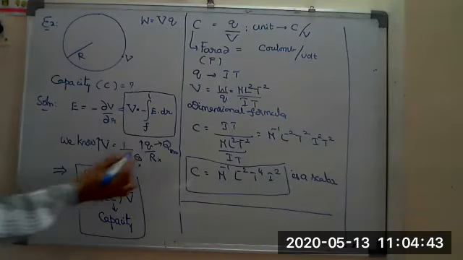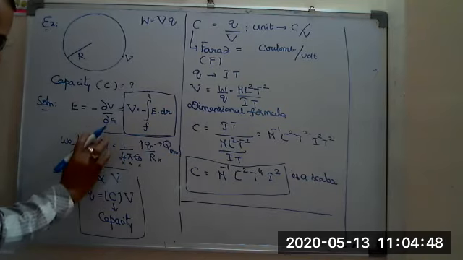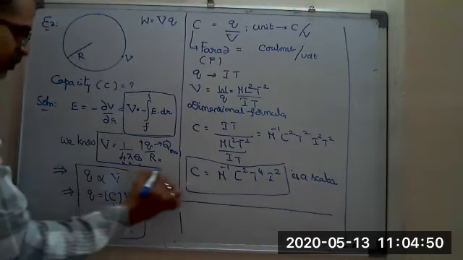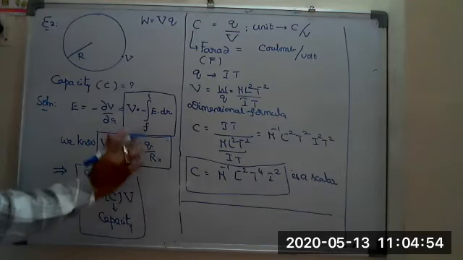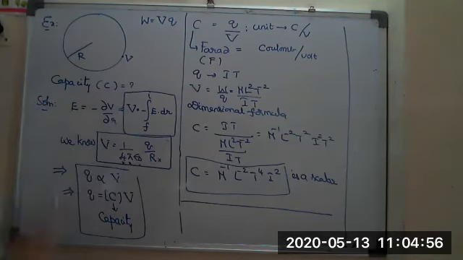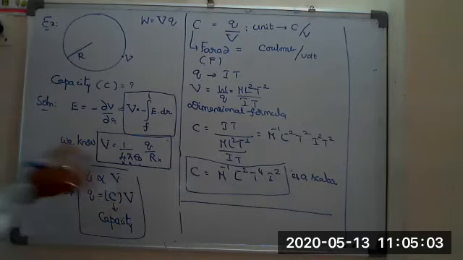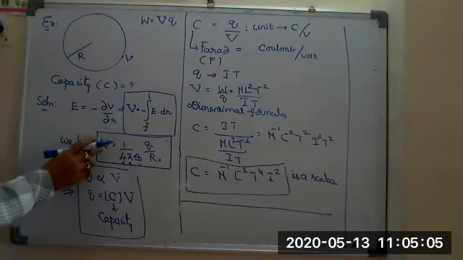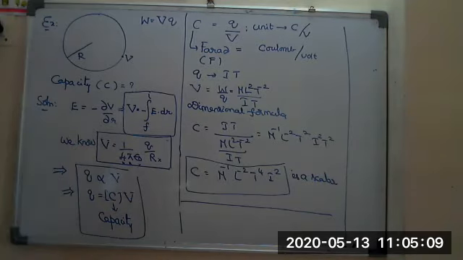We know the formula of potential on the surface equals 1 by 4 pi epsilon naught Q by R. To find the capacity, we use this basic formula. So in place of V, I substitute this value.